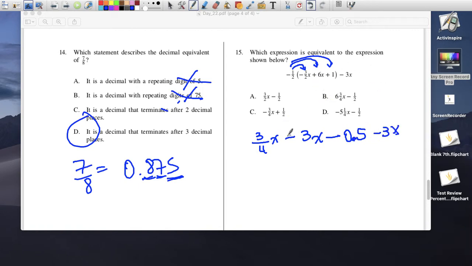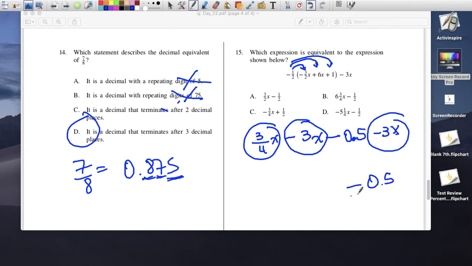All right, so let's combine all the x's. This term with this term, I'm going to combine with this one. And way at the end, I'm going to have minus 0.5. So it's going to be something x minus 0.5. This is a candidate, this is a candidate, and this is a candidate.